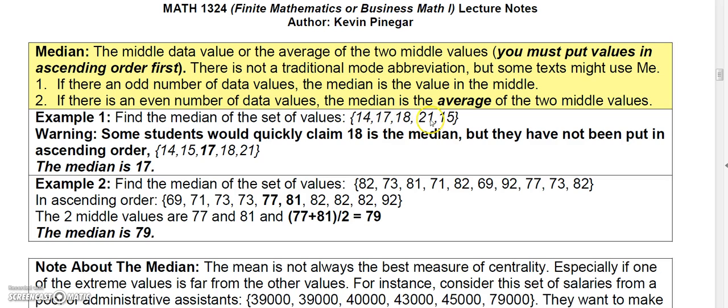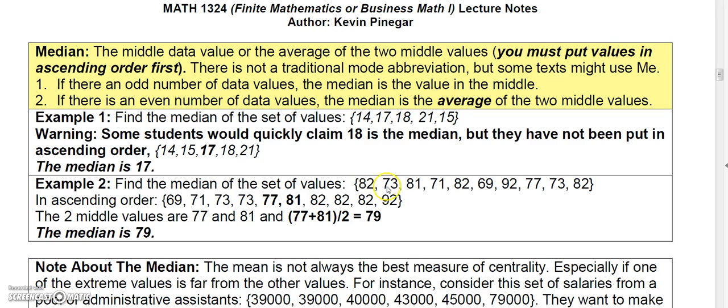If I just looked at this and tried to get the median, I might claim that the median is 18, but that's incorrect, because first I have to put the data scores in ascending order. So I'd actually put 14 first, then 15, then 17, then 18, then 21. And now I can easily see that the median value is 17.